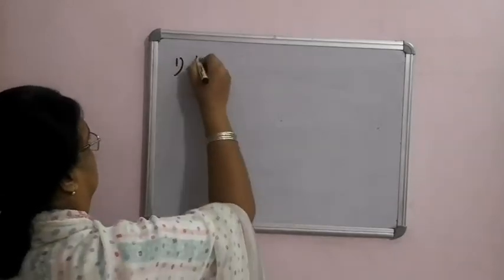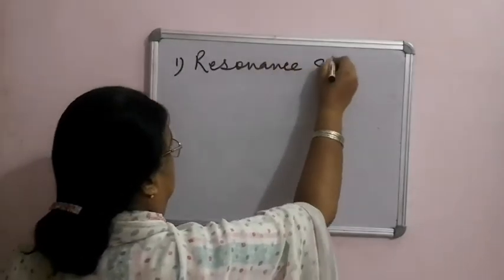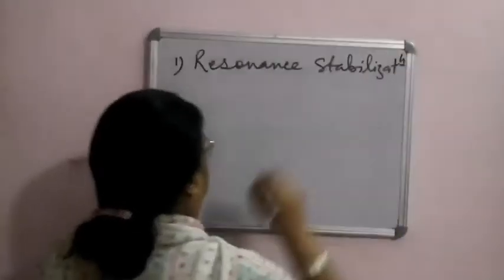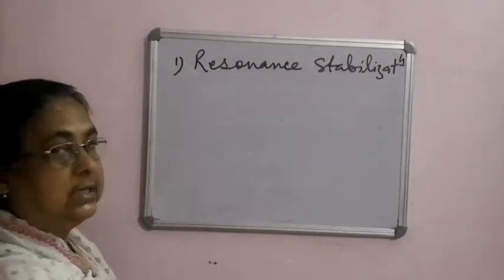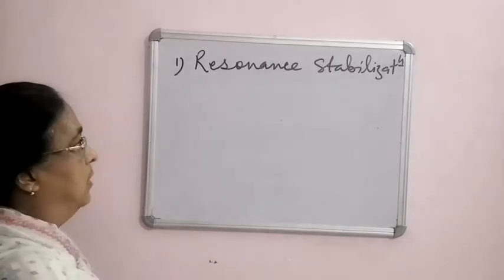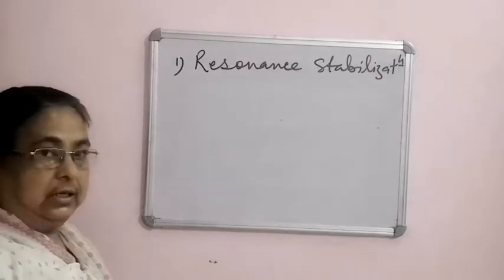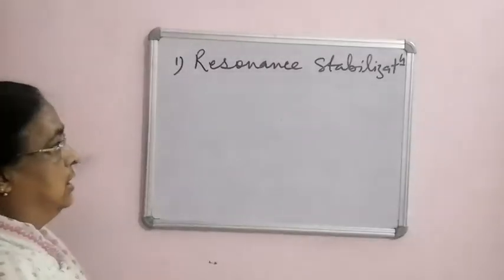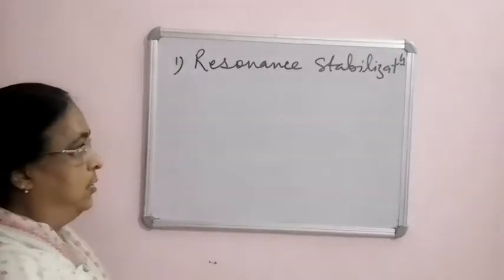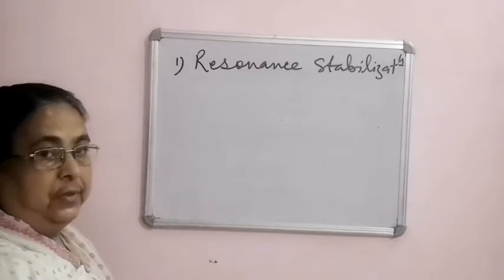So the first point is resonance stabilization. Chlorobenzene undergoes resonance stabilization because of the benzene ring. Alkyl halide, which doesn't have a benzene ring, doesn't undergo resonance stabilization, so that molecule is not so stable due to the absence of resonance stabilization.